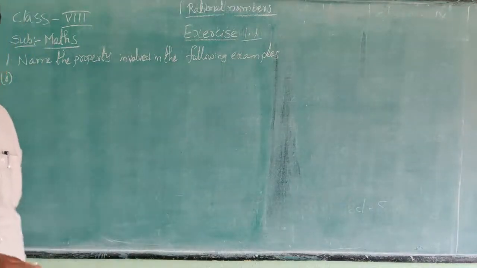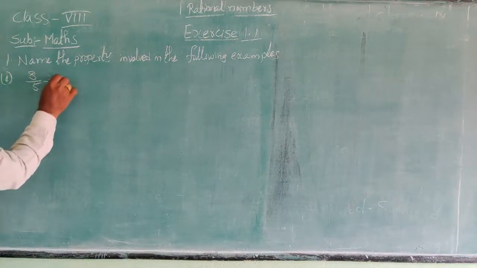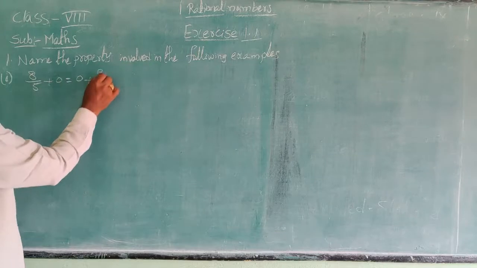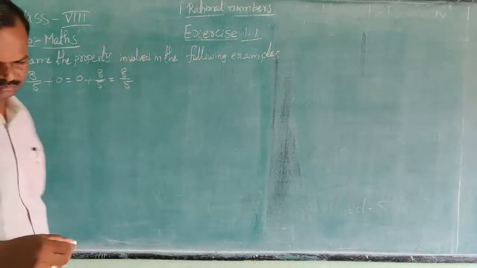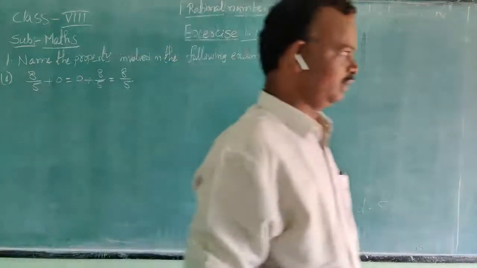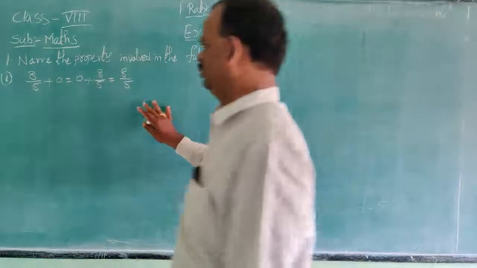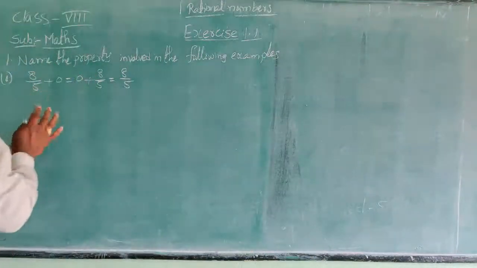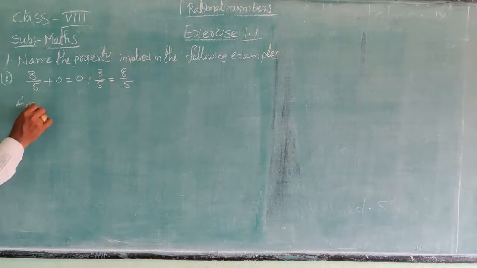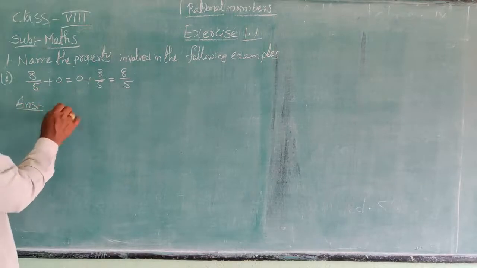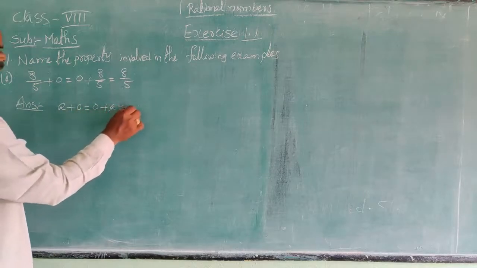8 by 5 plus 0 is equal to 0 plus 8 by 5, which is equal to 8 by 5. That means for the given sum, which property holds? Answer: a plus 0 is equal to 0 plus a is equal to a.